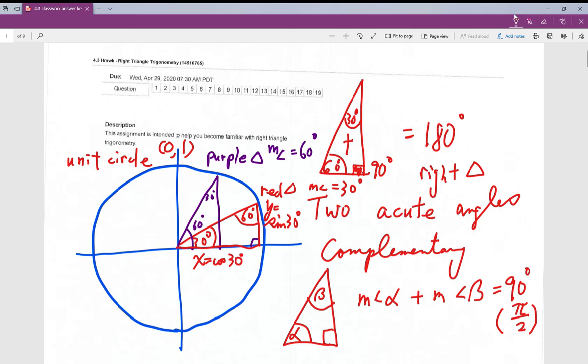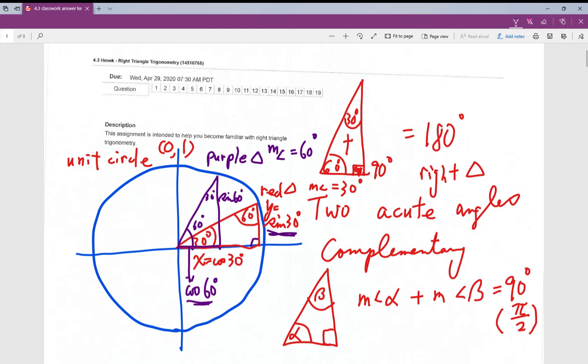Now I would like you to take a look at the purple triangle. In the purple triangle, the sine value is sine 60 here, right? And the cosine value is cosine 60. Do you notice that cosine 60 happens to be equal to sine 30?